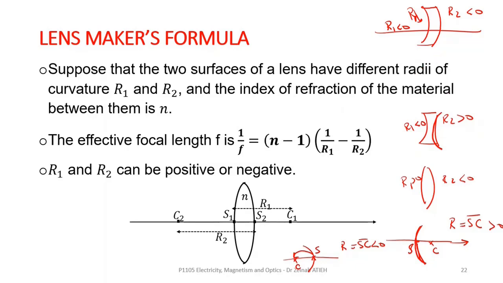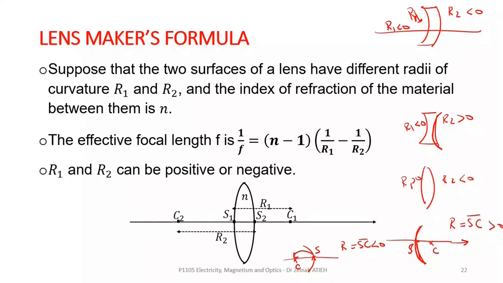So there's a formula that joins the focal length of a lens with the index of the material it is made of, and R1 and R2, the radii of my lens. What's interesting is that if I invert the lens and try to find f1 and f2, I will always find the same focal length, because the lens is symmetrical with respect to the principal axis.